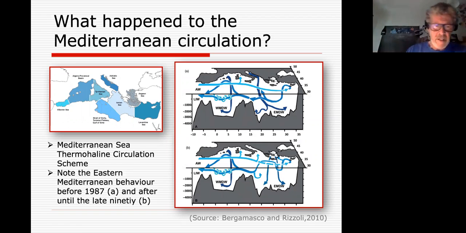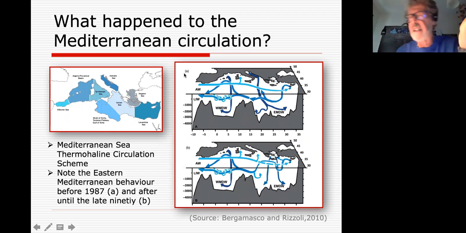First of all, you see the Mediterranean is a zonally elongated basin, and the circulation, as you see here, traditionally goes from west to east and not north to south, like in the meridional overturning circulation, and is modulated by wind and driven by thermohaline forces.